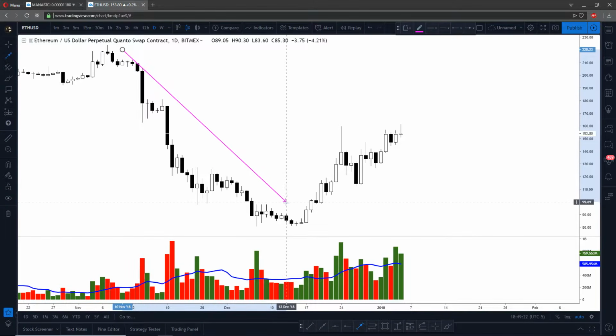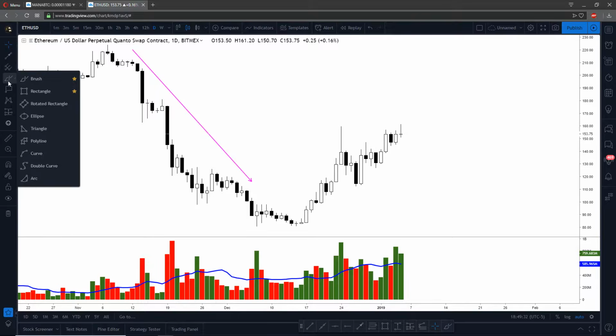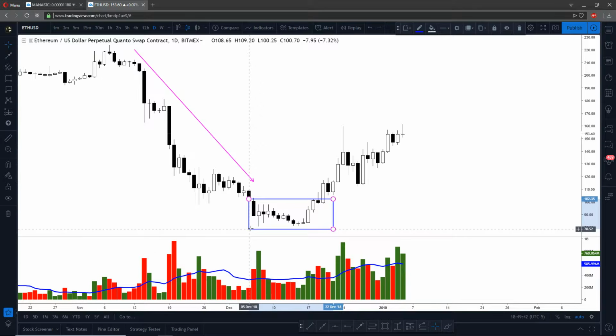Impulse move down. Step 1. Impulse move down. Inside bars forming here. This becomes your range. Your first fractal is right here. That becomes your low. This becomes your accumulation low.